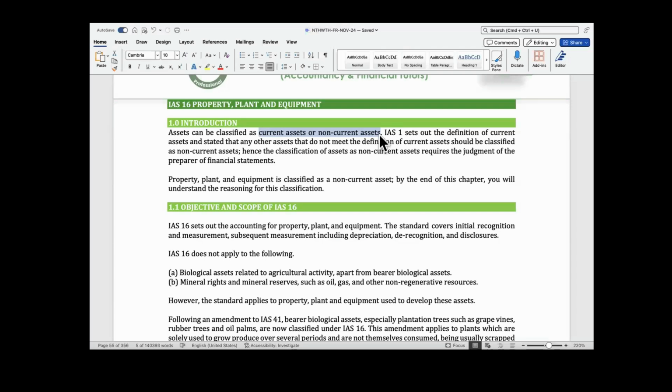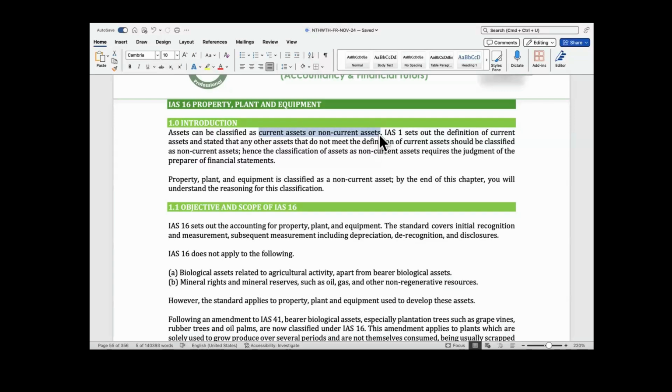If you remember, one of the definitions given for a current asset is that it is an item that is expected to be realized within an entity's operating cycle or within 1 year. So any asset that you cannot realize within 1 year is said to be a non-current asset.